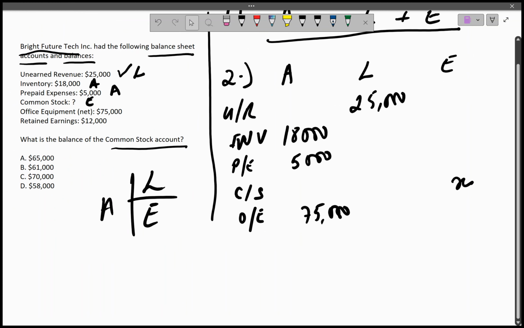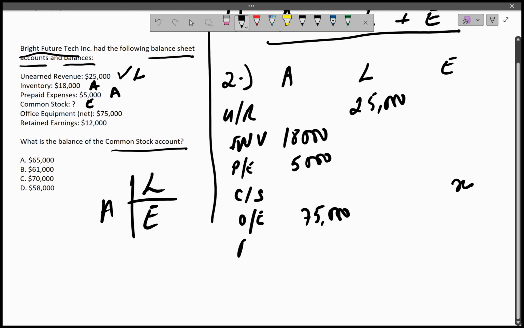Retained earnings is all the accumulated profit that the company made, but the profit that has not been distributed to shareholders or to the owner. That's 12,000.